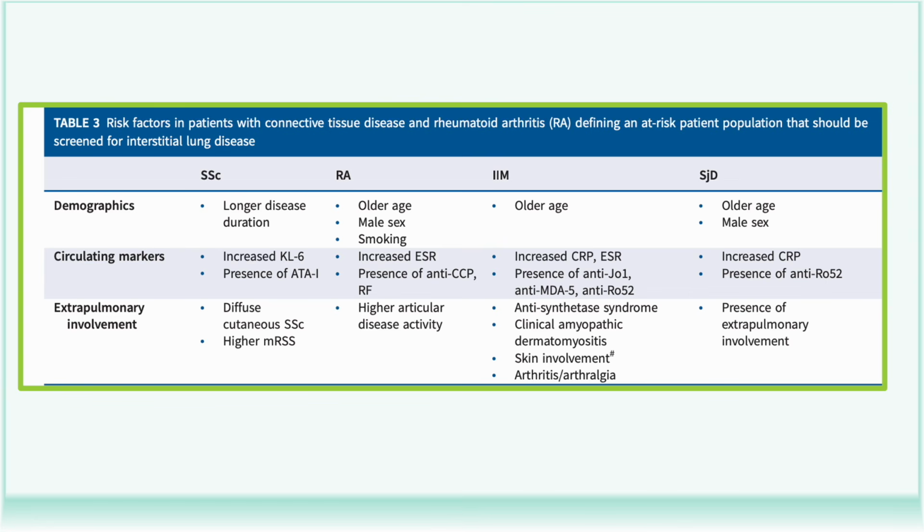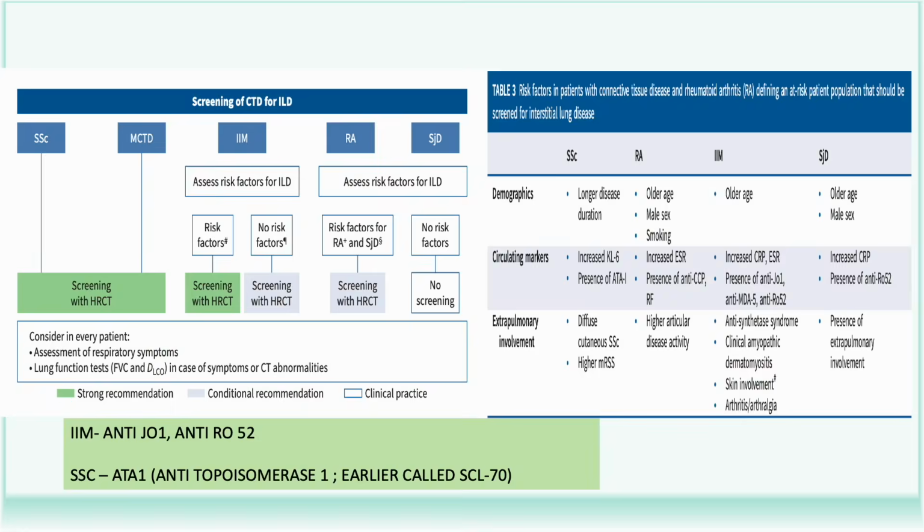So is the involvement of the joints in the form of arthritis and arthralgia. For Sjogren's disease, older age, male sex, increased CRP again, presence of anti-Ro52, and presence of extrapulmonary involvement are all risk factors. So when you have this list of risk factors, you can stratify amongst the pool of patients where a CT would be definitely essential.